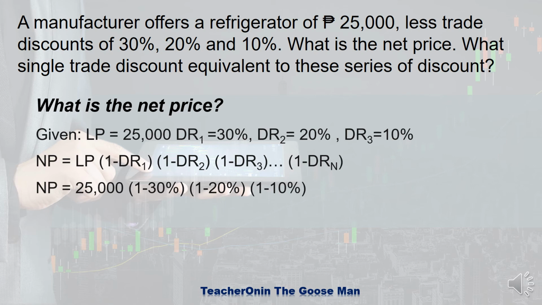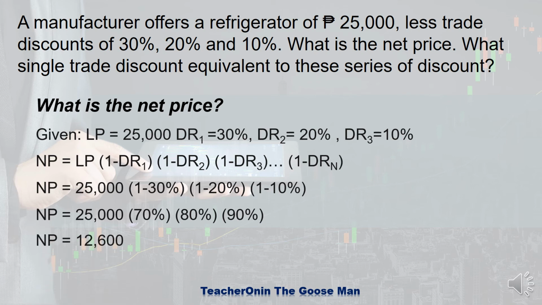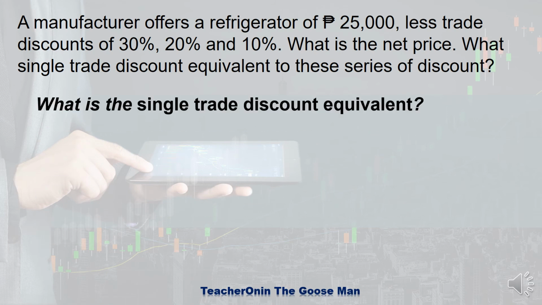So we'll come up with net price is equal to 25,000 times 70% times 80% times 90%. So using our calculator, the net price is equal to 12,600 pesos.